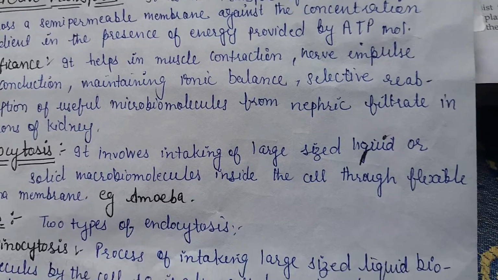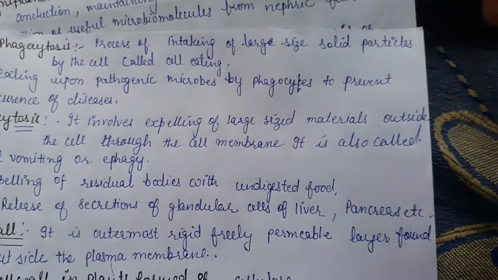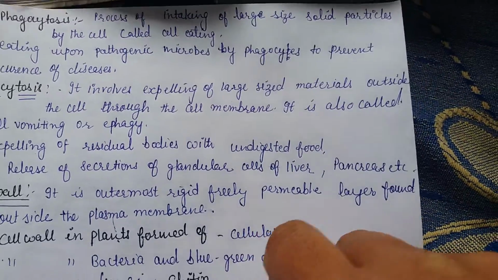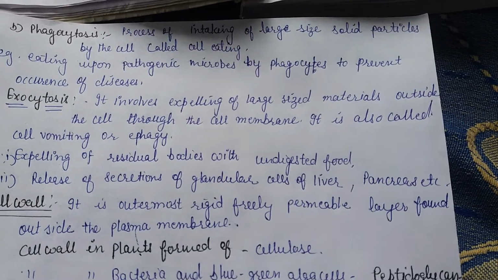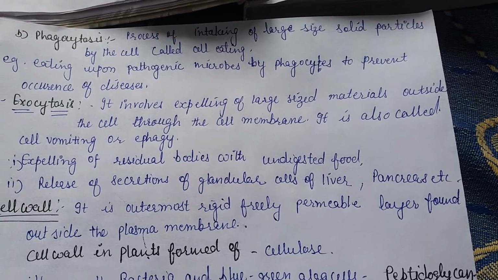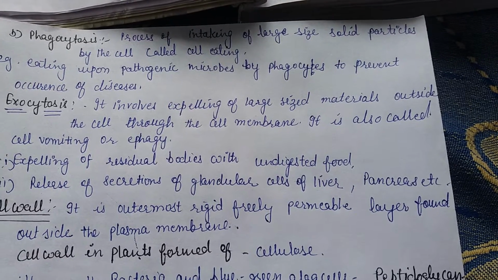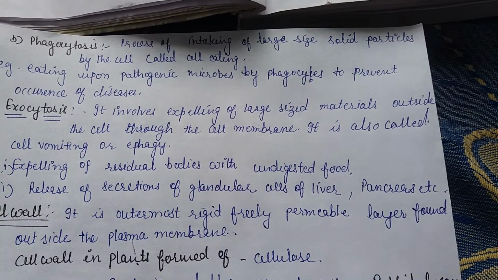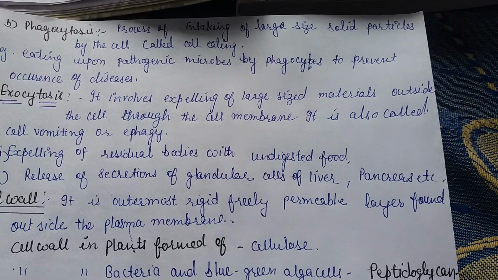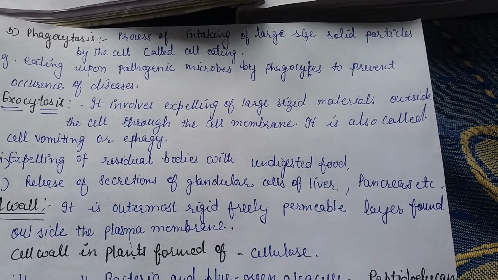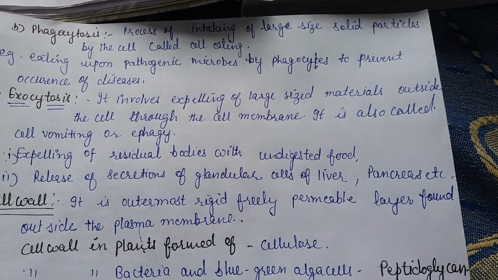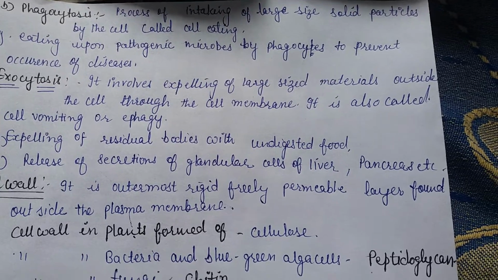Now the second process is phagocytosis. Phagocytosis is the process of intaking large size solid particles. Pinocytosis is cell drinking, entry of liquid particles, and phagocytosis is the intaking of large size solid particles. It is also known as cell eating.